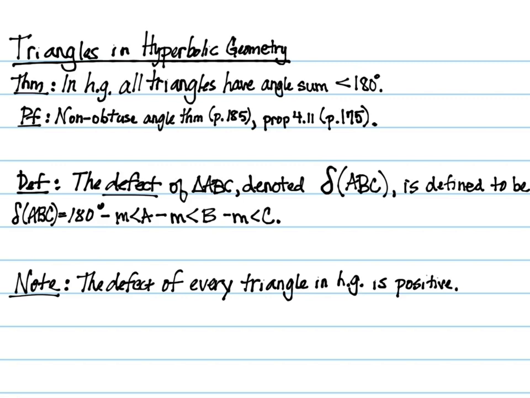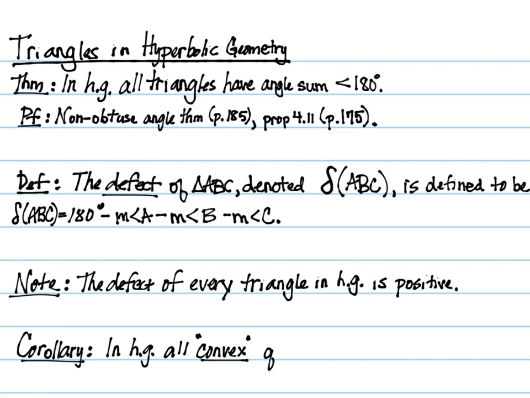All right, corollary to this, to the theorem, that is. In hyperbolic geometry, all convex, I'll define that in a minute. Okay, so bear with me. I haven't actually defined that in class yet.